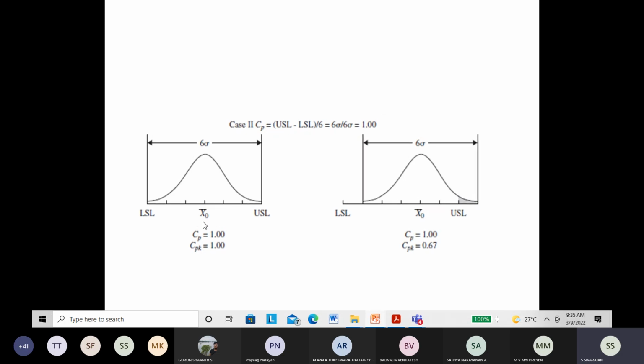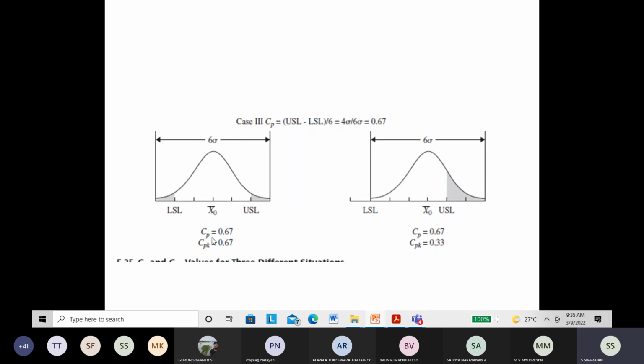Next case: the process is centered here, so CP is equal to CPK. Here the process is not centered, so CP is not equal to CPK. Case 3: the process is centered on both sides, so 0.6107. Here it is not centered, so CP will not be equal to CPK.